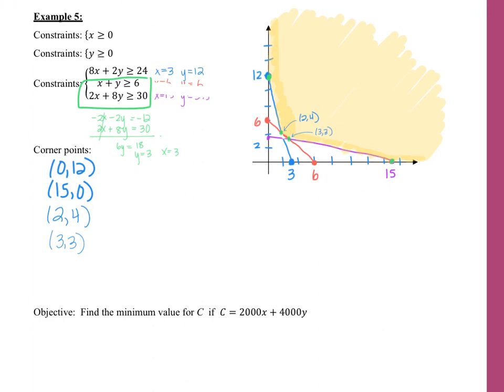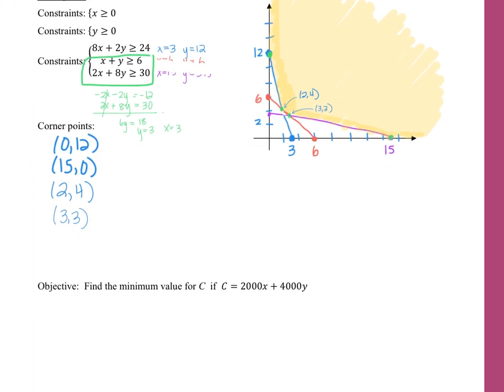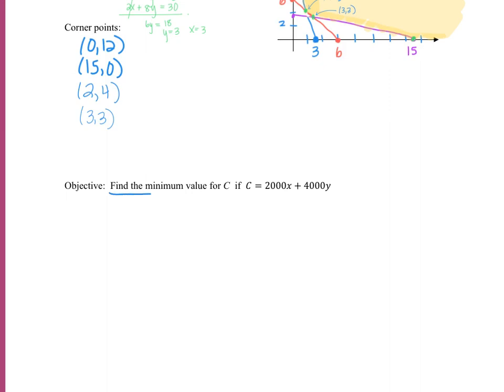Now we go to the final step, which is the objective. This time, the objective is to find the minimum value for C, which is the smallest, if C follows the equation 2000x plus 4000y. So let's do C for each of our corner points. 2000 times the corner point of 0 plus 4000 times the corner point of 12.